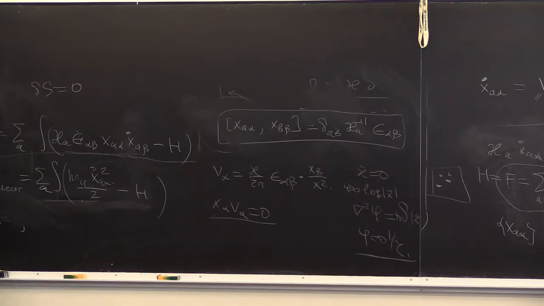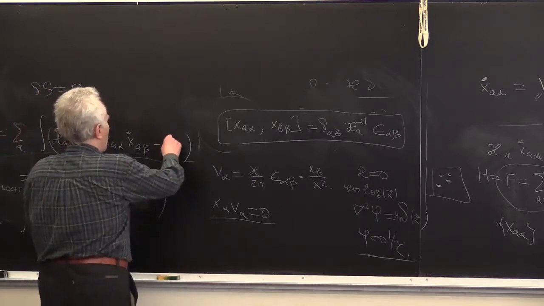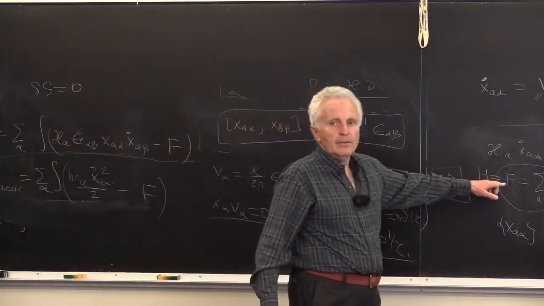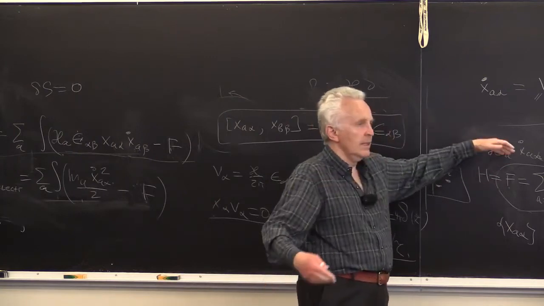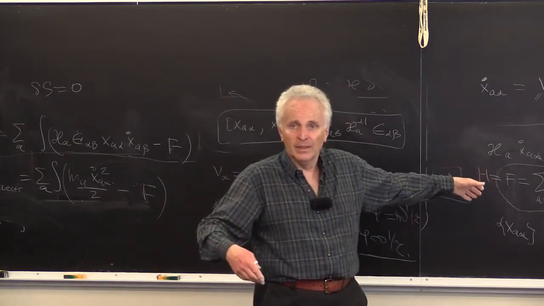In the electric case, doesn't H contain an m over 2 x dot squared? No, by h, I probably should use a different letter. Let's call it F. So in the electric case, F is potential energy. In the vortex case, it is full energy. So it's a full Hamiltonian.